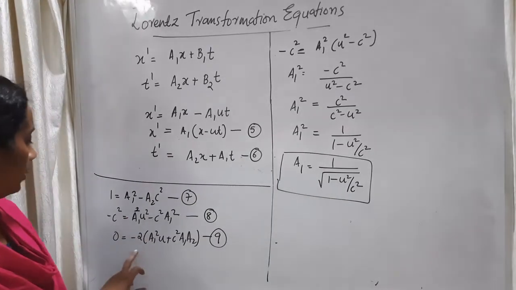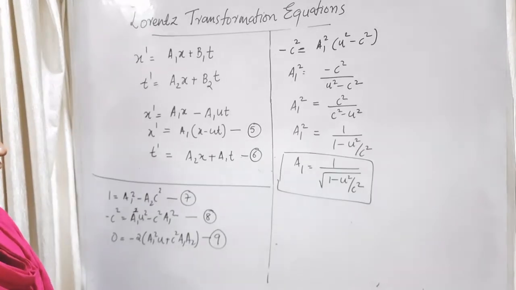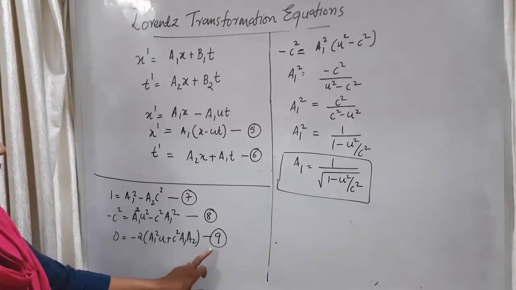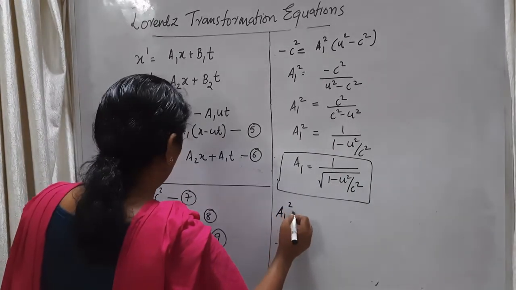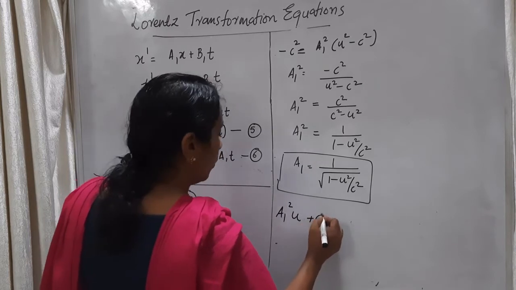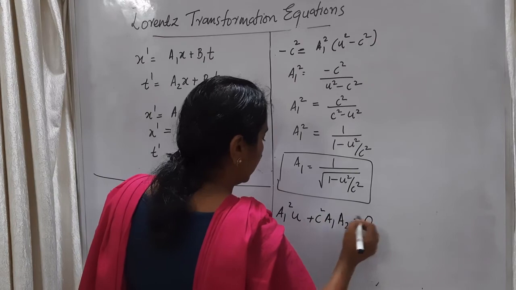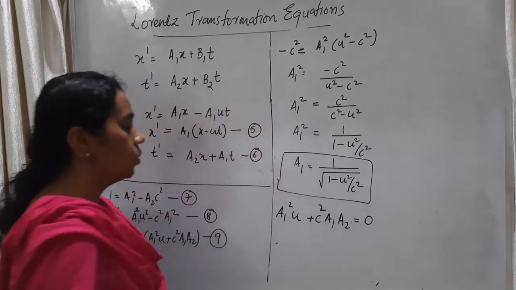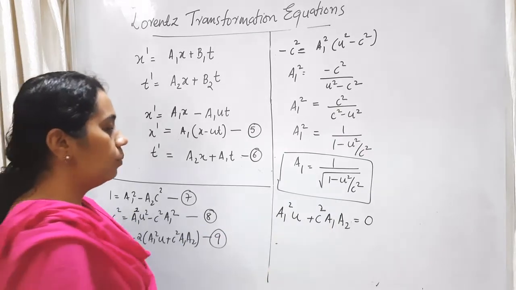Okay, so let me choose equation 9, because the left hand side is 0 and it will be easier to simplify. So from equation 9 I can write a1 square u plus c square into a1 a2 is equal to 0. So you can substitute for a1 and obtain a2, or divide throughout by a1.